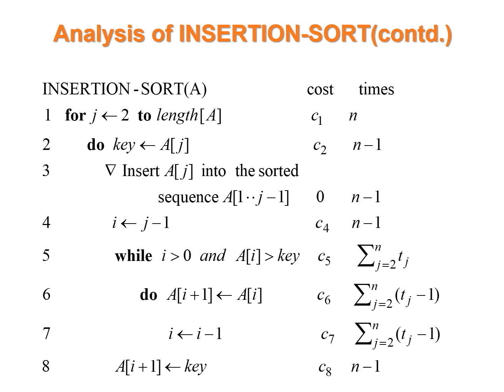Step 7, i gets i minus 1: cost C7 times the summation of t j minus 1 from j equals 2 to n. Step 8, A of i plus 1 gets key: cost C8 times n minus 1.